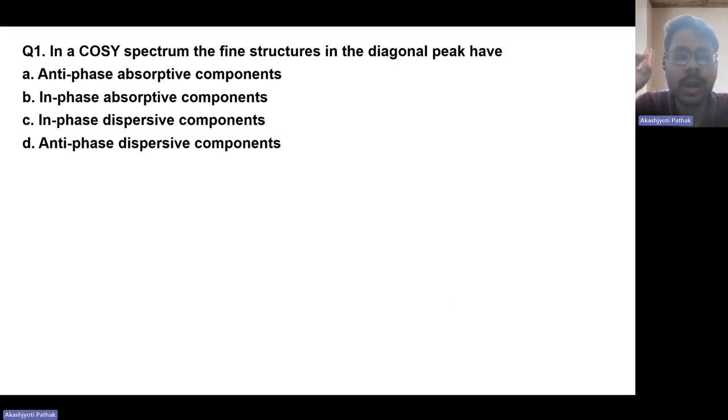They are all sine terms, indicating that they are dispersive components, and they have in-phase character. So we discussed that they have in-phase dispersive components.